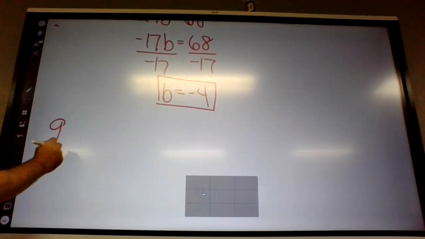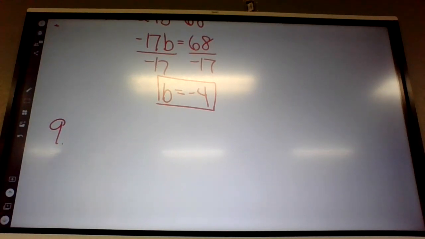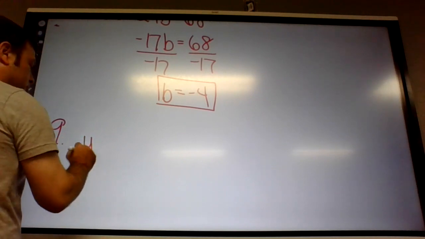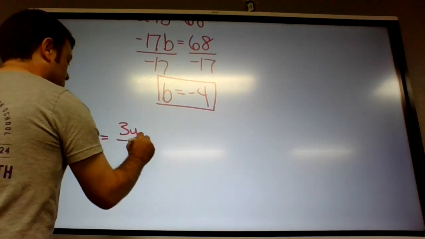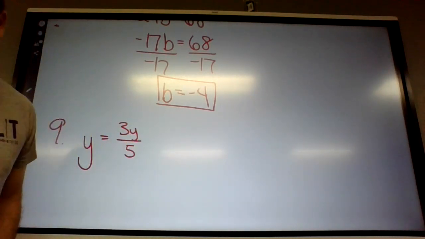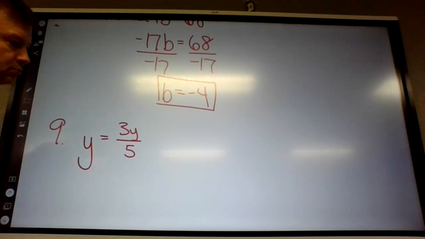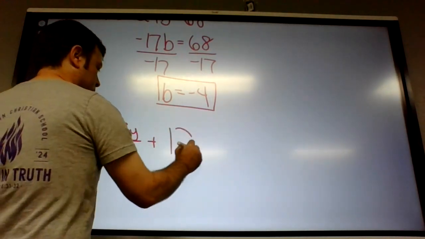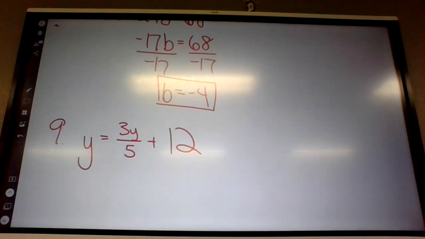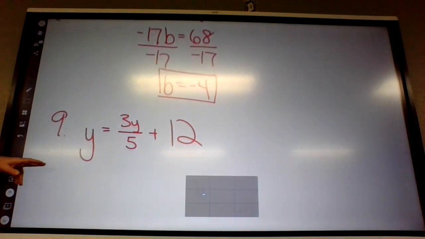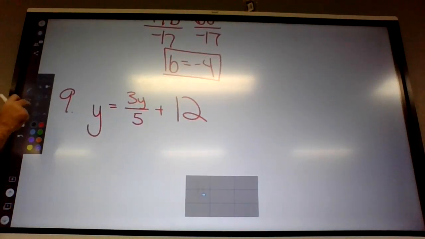Number 9. Okay, Sophia, what are we going to do? Times it by 5.